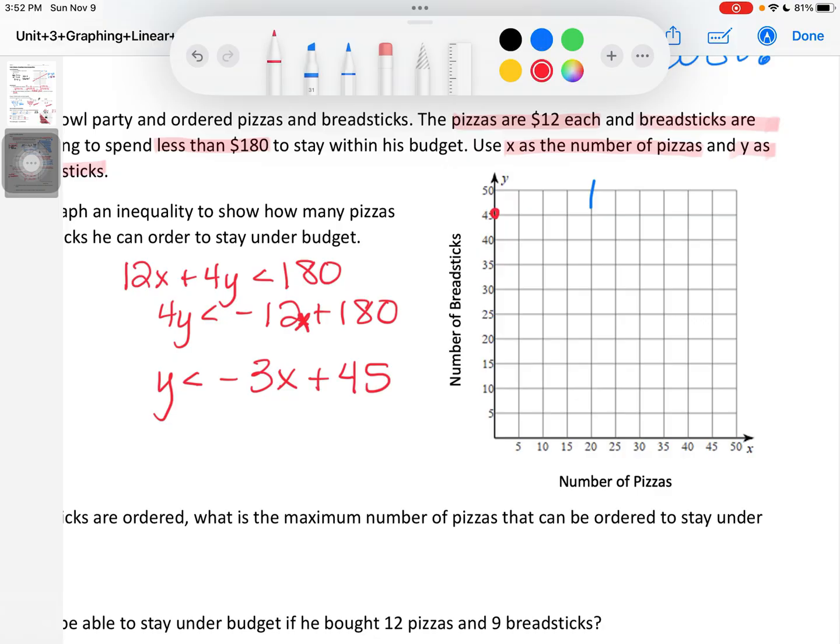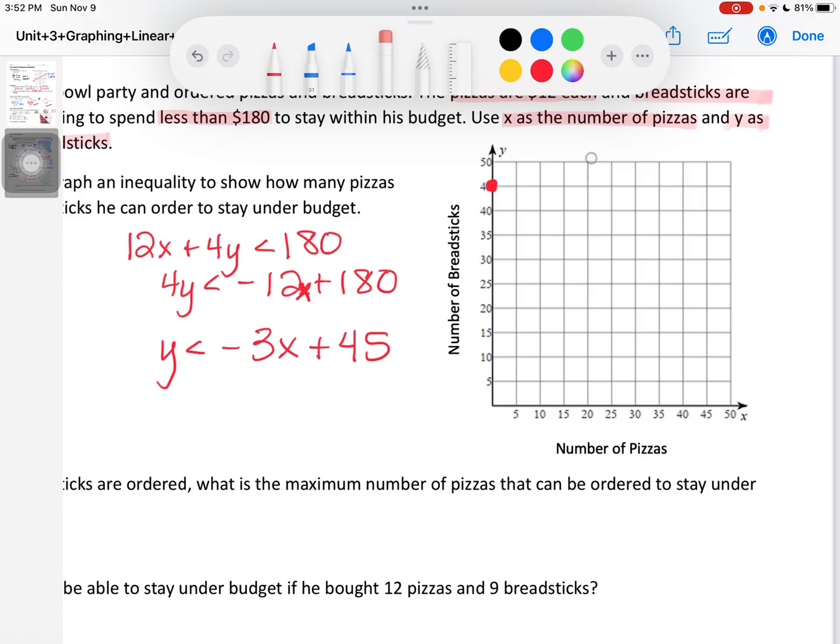We're going to start at 45. We are going down 3 and to the right 1, which is the same thing as going down 15 and to the right 5 here. And then since it's less than, this is going to be a dotted line.